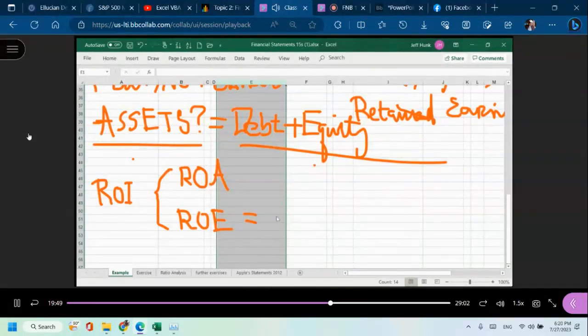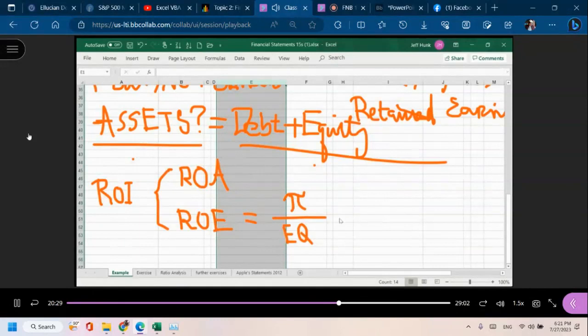So the formula for return on equity is, what is return? I've been telling you, profit is the return, right? And if you divide profit by equity, of course, that's return on equity. And of course, the higher the number, the better it is, because equity is the input, profit is the output.